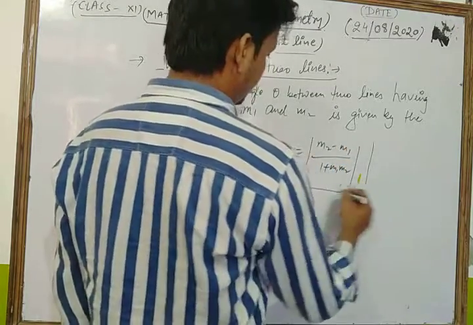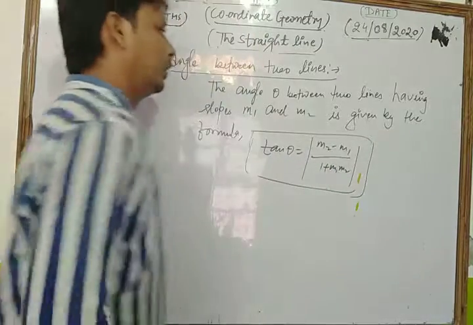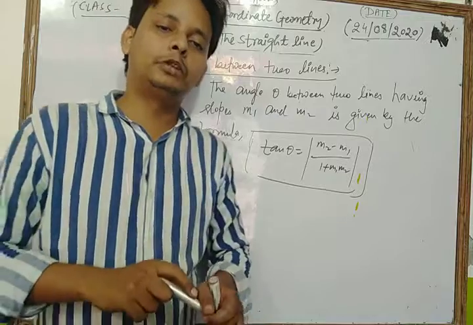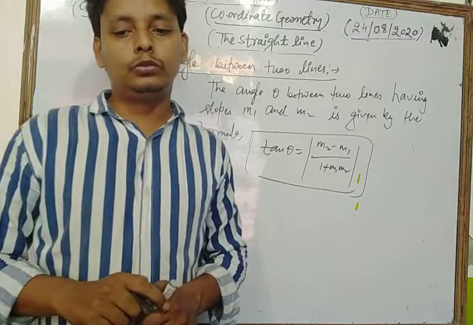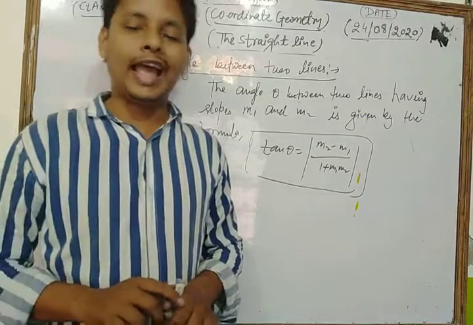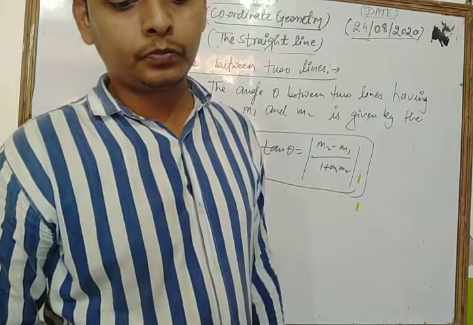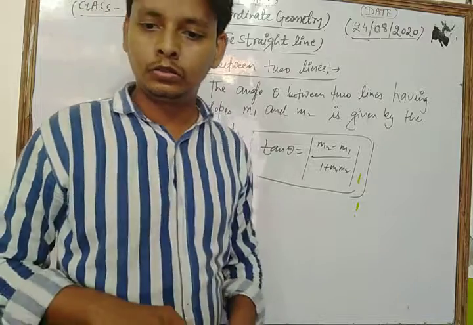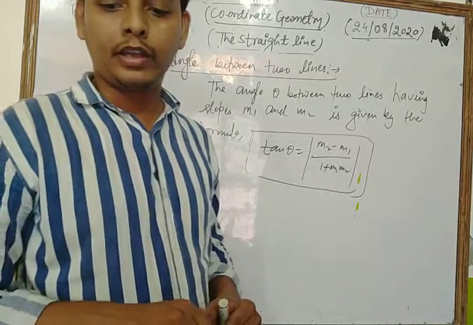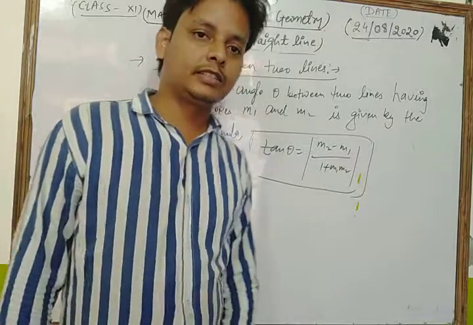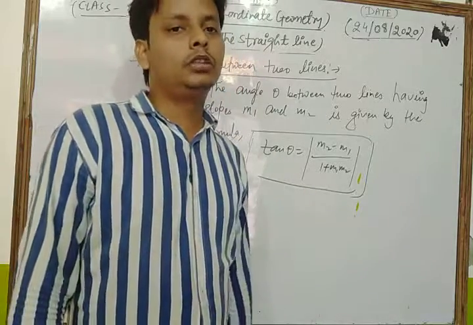This is one of the most important formulas to find the angle theta between two lines having slopes m1 and m2 respectively. Dear student, you can solve all the questions of your NCERT exercise based on this formula.